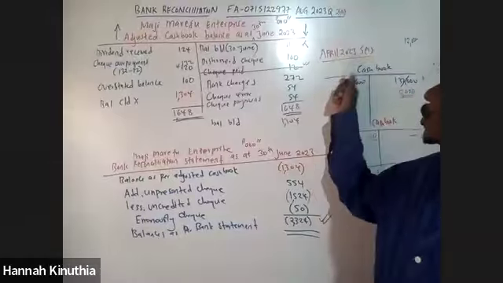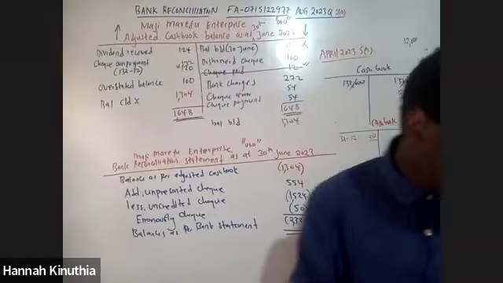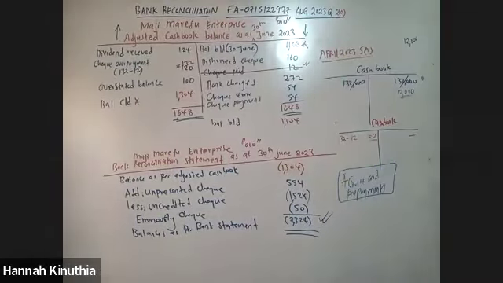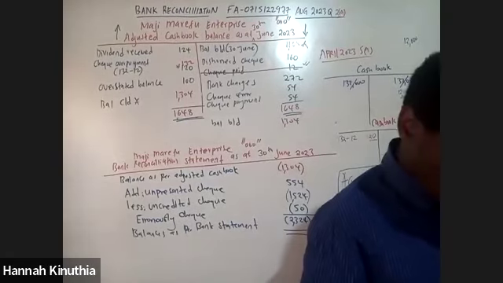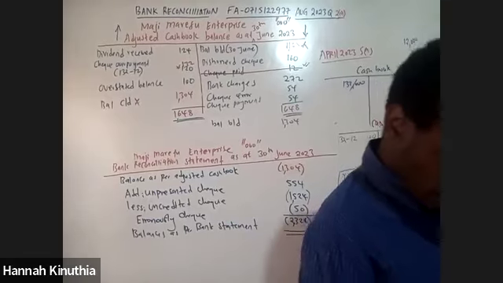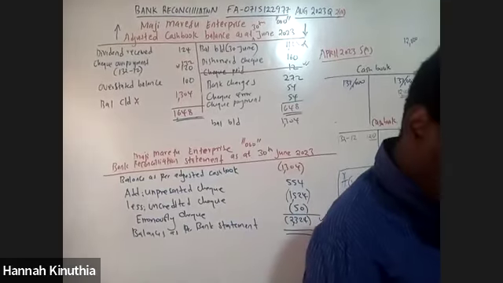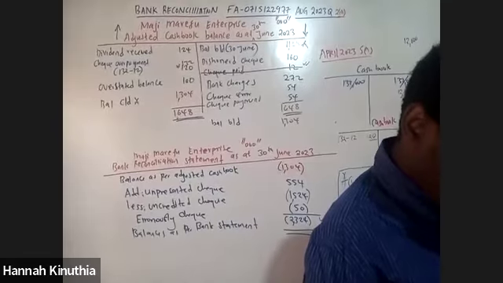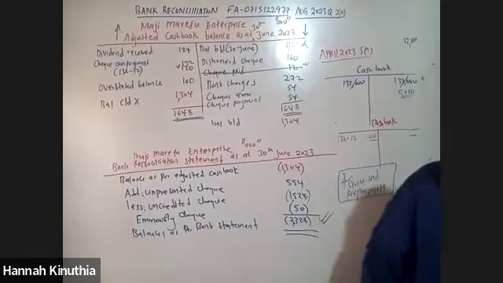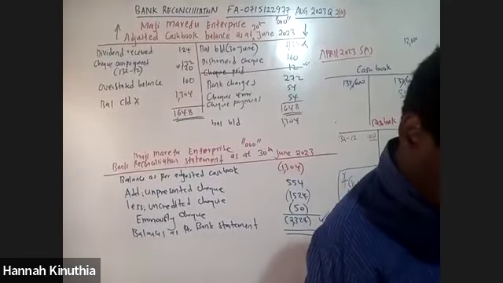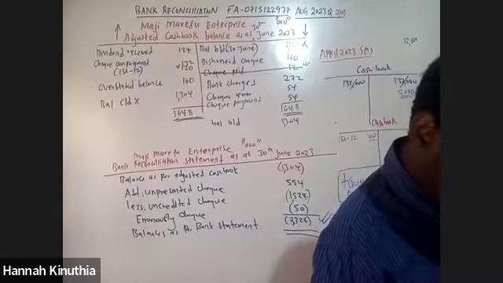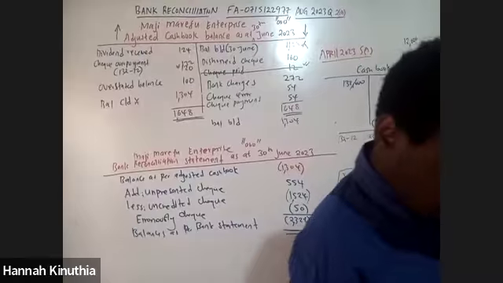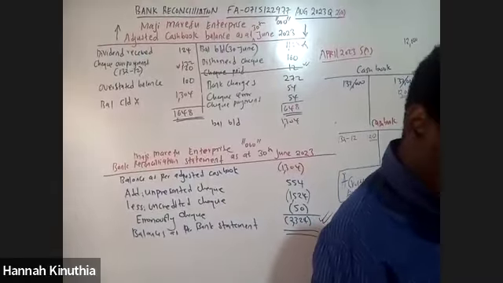Assignment hii hapa AP 2023 question number 5A. Unaiona? Sio hiyo 5A. Acha niwaangalilie, 5A ni theory. Kwa hiyo swali, which one is talking about the constitution statement? Bank reconciliation ama hakuna? Hakuna. Hizi ni maajabu ya Musa.